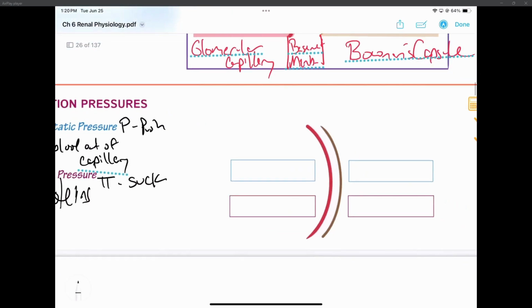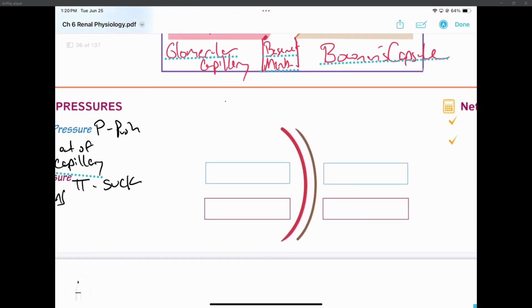So, in this middle part, we have our glomerular capillary, and we have our Bowman's capsule side as well. These are the two sides, glomerular capillary and the Bowman's capsule. Obviously, that's where we're going to be pushing stuff into the Bowman's capsule, or we're going to suck things back out of the Bowman's capsule back into the capillary, or prevent things from moving.